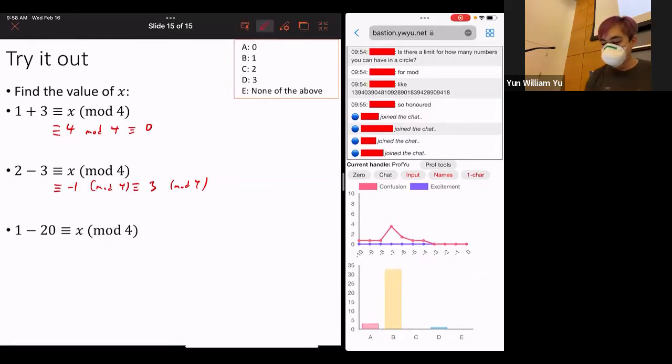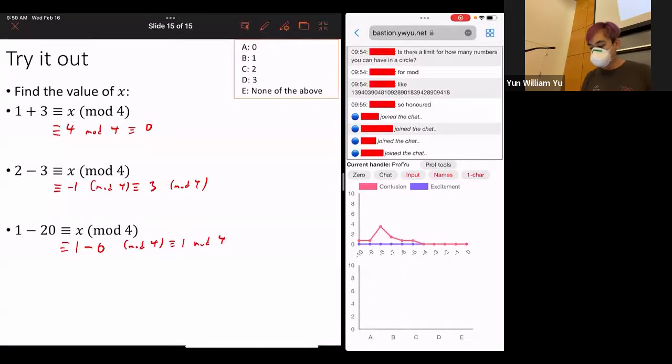And so this is equivalent to saying 1 minus 0 mod 4, because 20 is a multiple of 4, and so that's equivalent to 1 mod 4. Okay, let's do another one. What about this one? Take a moment to think about it.